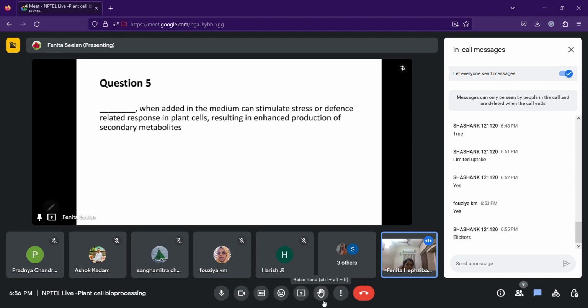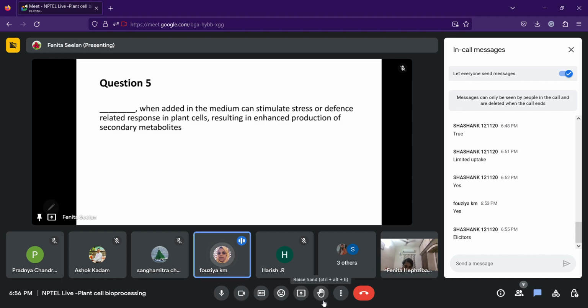What are elicitors and what are precursors? Elicitors will induce the production of this metabolism. But precursor also does the same, no?